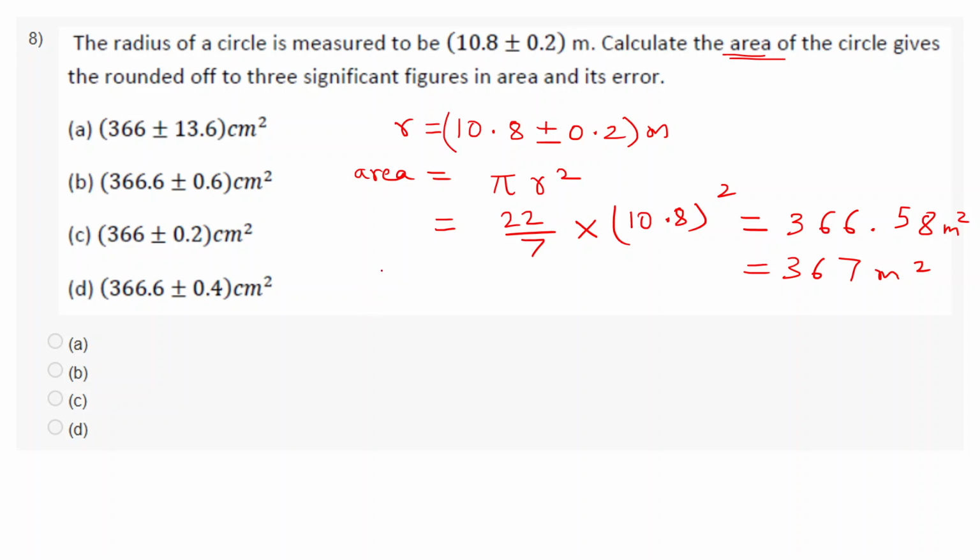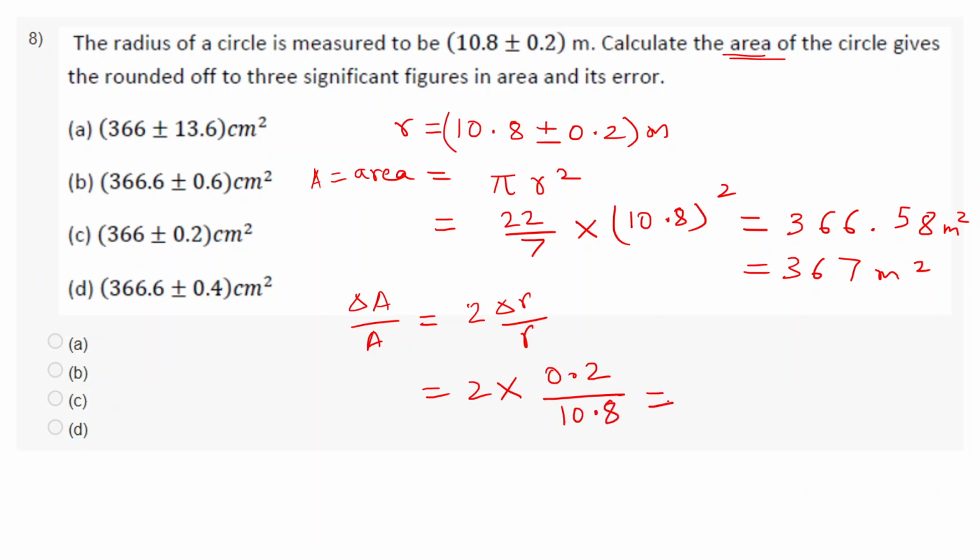For calculating the error, the relative error in area, let's denote by A. The relative error will be, first I need to calculate delta. Pi is a constant, so this will be 2 delta r by r, which will be 2 times the error in r, 0.2, divided by the r value, which is 10.8.